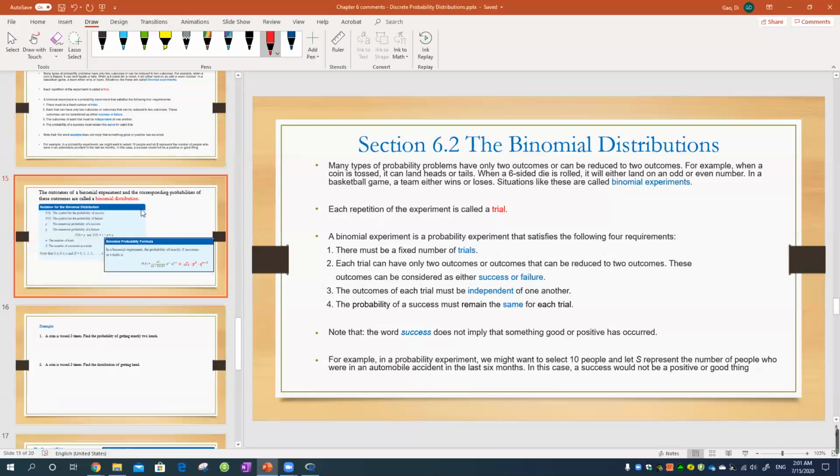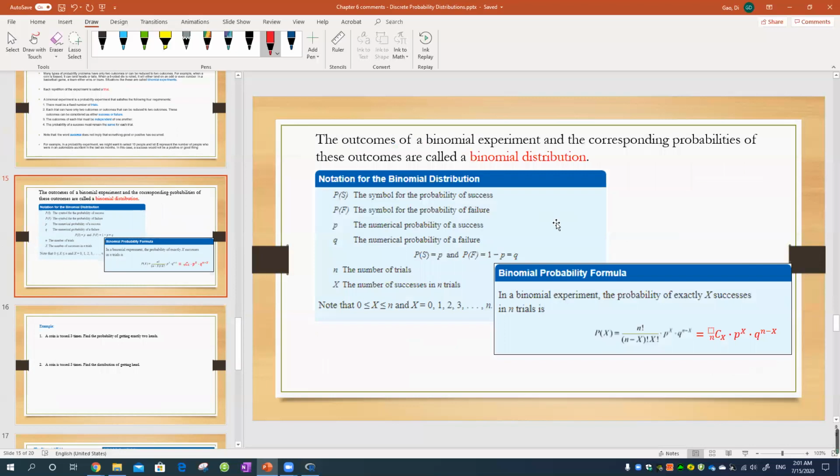Now let's look at some notations. The notation for binomial distribution: p is the probability of success, q is the probability of failure, and p is the numerical probability we have there.